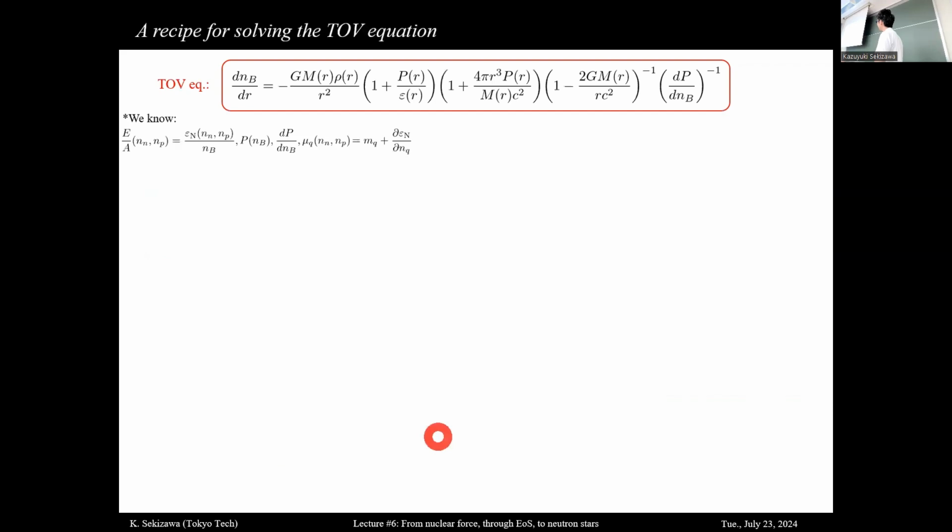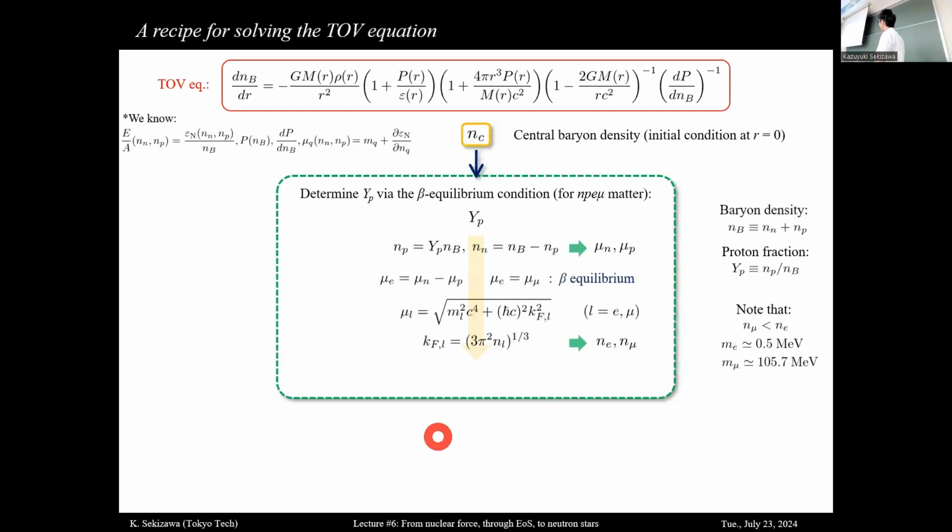And this is just how to proceed. For instance, you can define the central density. Then you can find the proton fraction Yp through the beta equilibrium condition. At the same time, you have to require the charge neutrality condition.